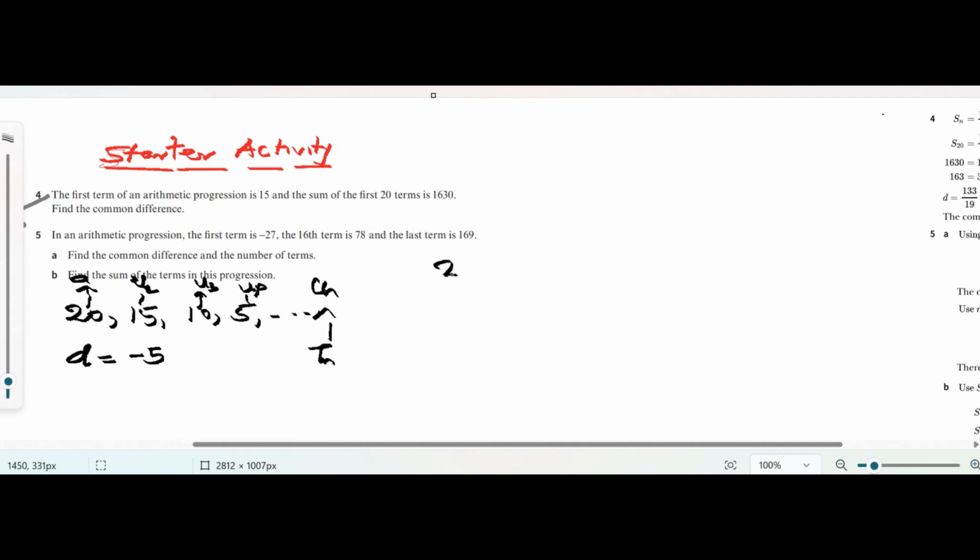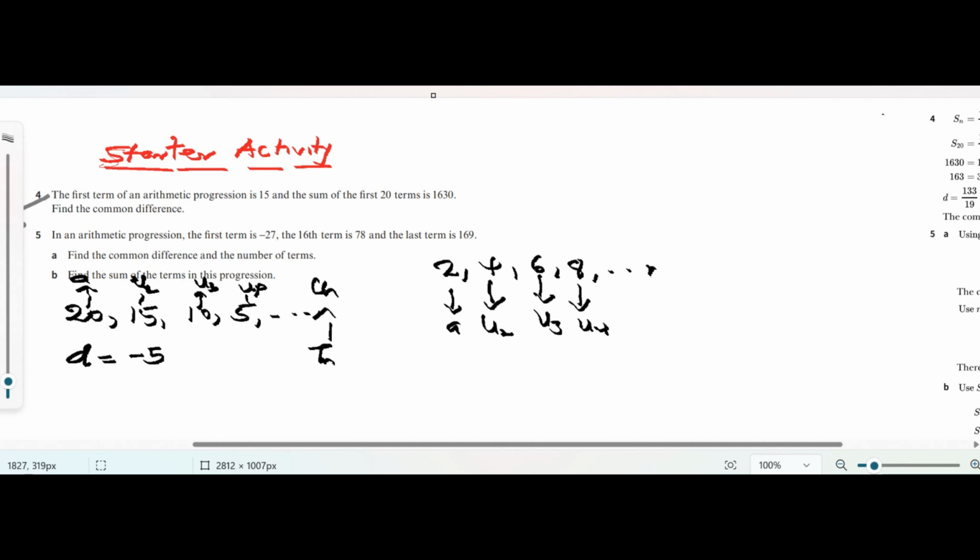Like the example I gave before, 2, 4, 6, 8, and so on. This is my first term, A, and this is my second term, U2, then U3 or U4.